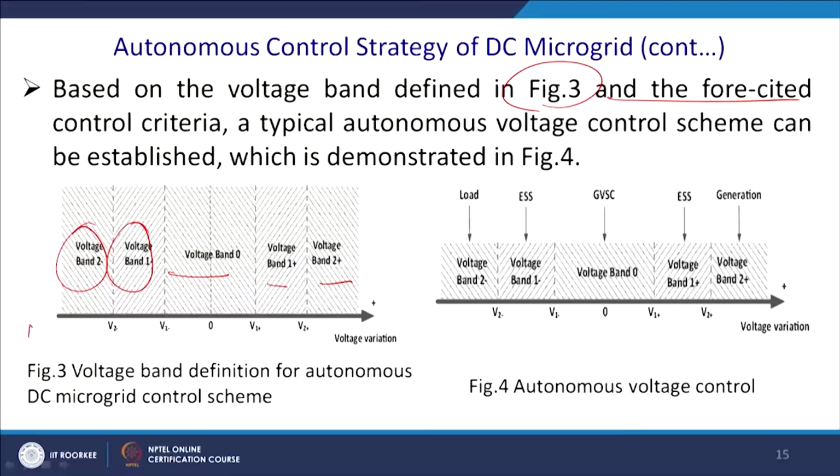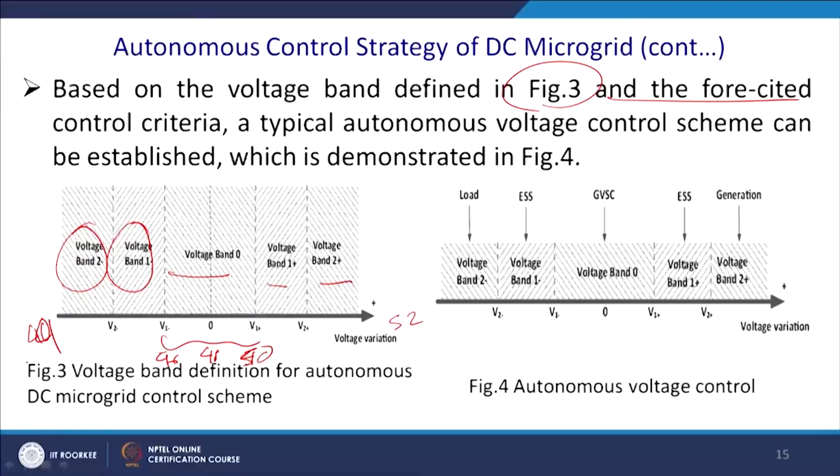It may be, let us say, 40 to 52 volt, and you may have a very narrow voltage band, and this may be your 48 volt, this may be 50, and this may be your 46, and this may be 44.